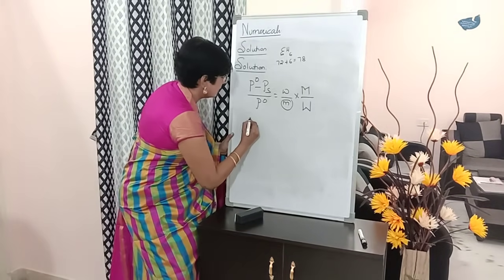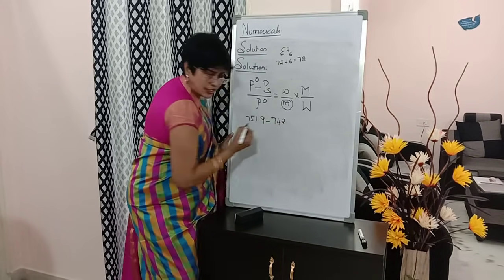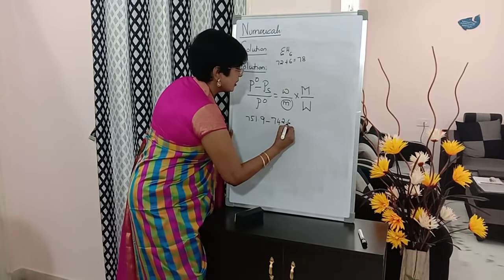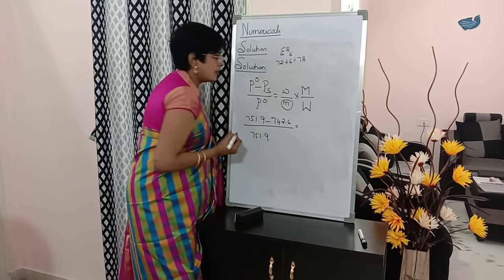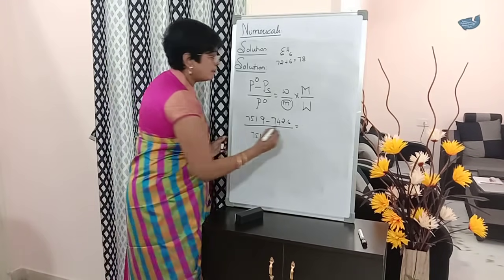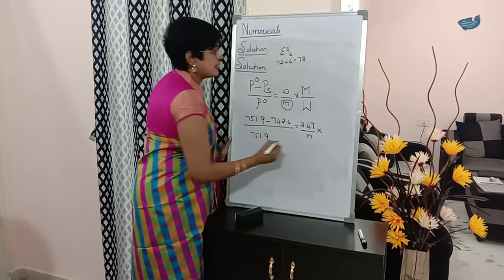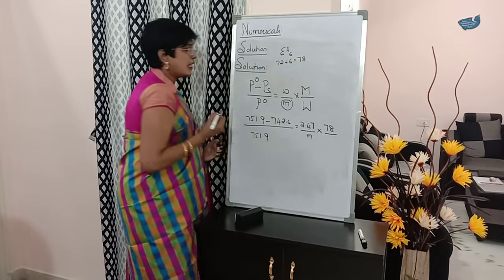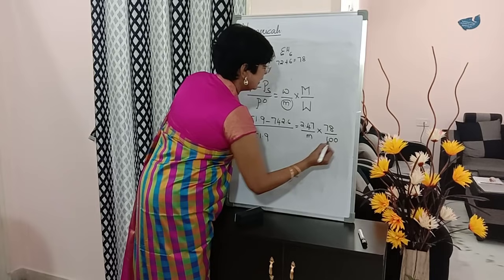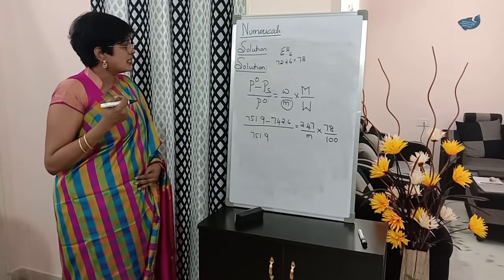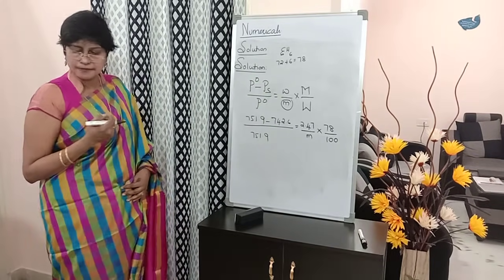P0 is given 751.9 minus PS 742.6 divided by P0, again 751.9, is equal to small w 2.47 by small m into capital M 78 divided by capital W 100. Now how much is 751.9 minus 742.6, students?